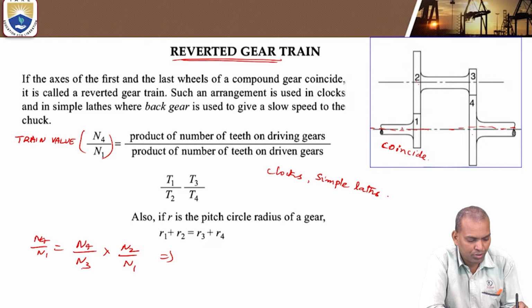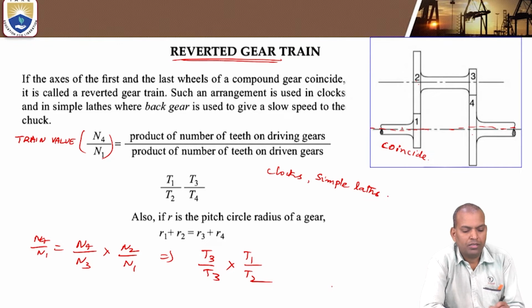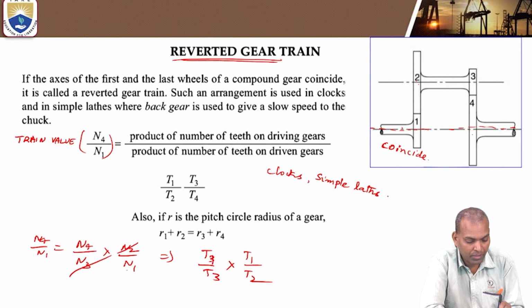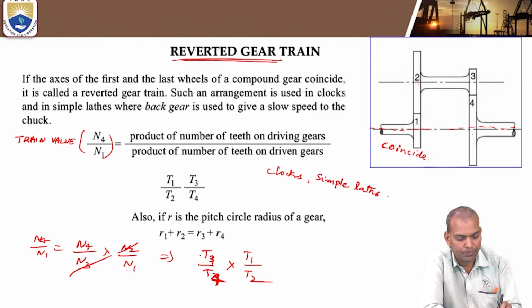Now if you substitute N4 by N3 as T3 by T4, and N2 by N1 as T1 by T2, since N2 and N3 are on the same shaft and have equal speed, N4 by N1 equals T3 by T4 times T1 by T2.